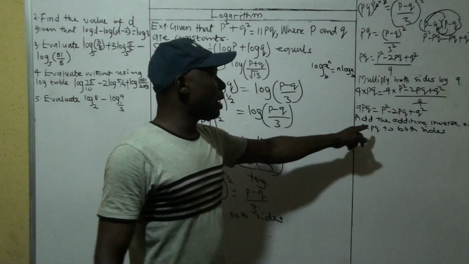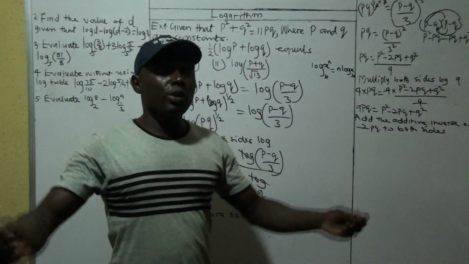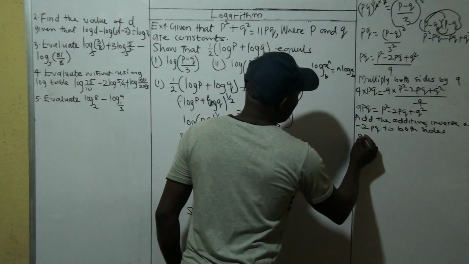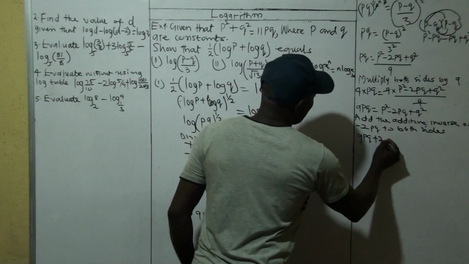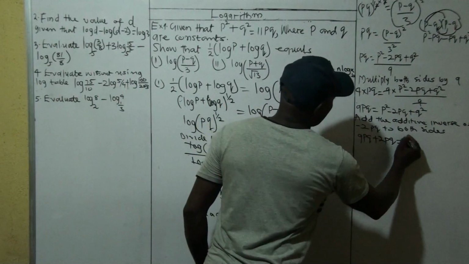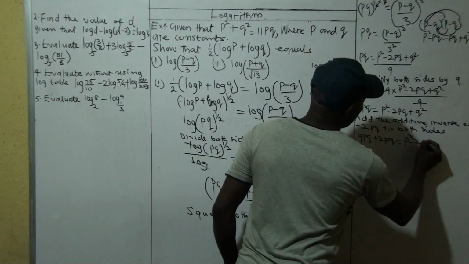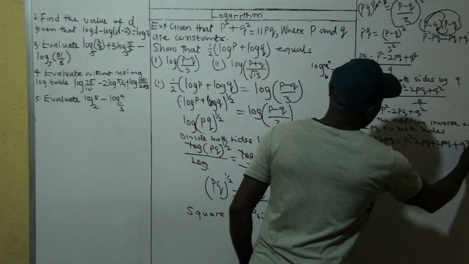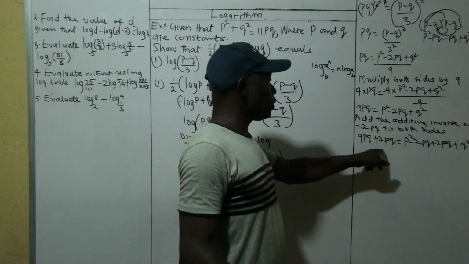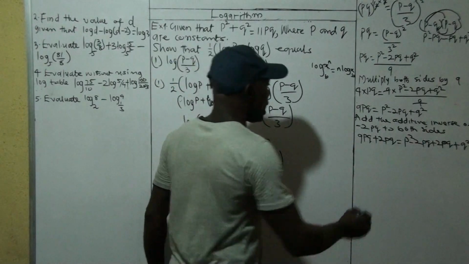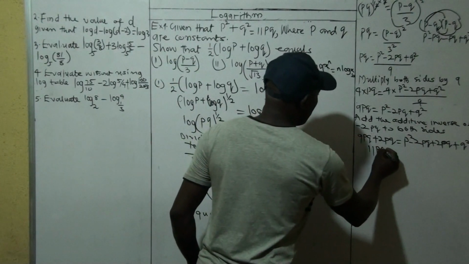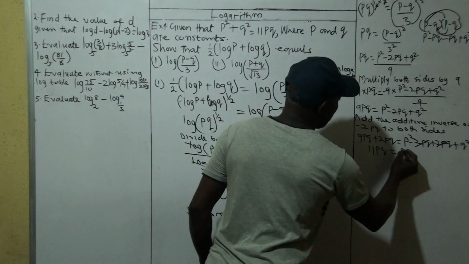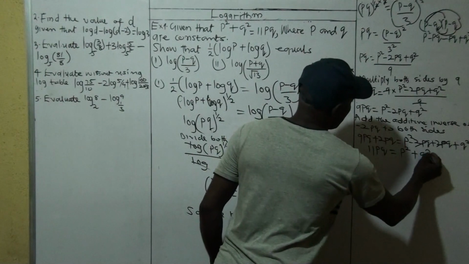The additive inverse of minus 2pq is just plus 2pq. So here we say 9pq plus 2pq is equal to p squared minus 2pq plus 2pq plus q squared. So 9pq plus 2pq gives us 11pq. And here this one is off, and we are left with p squared plus q squared.